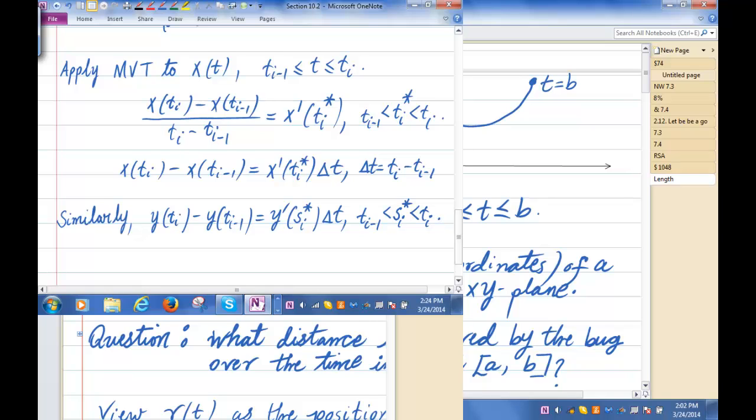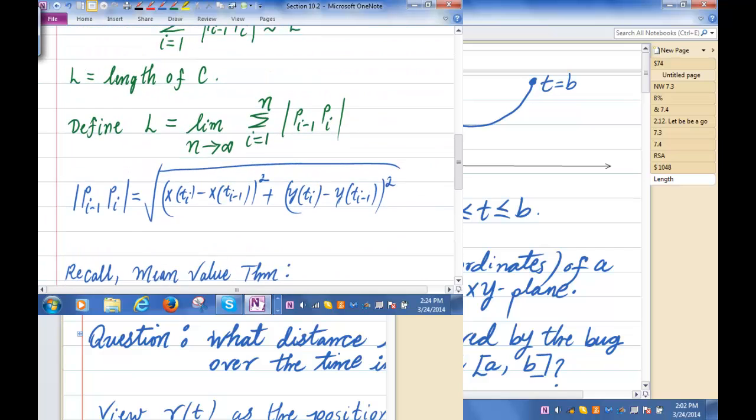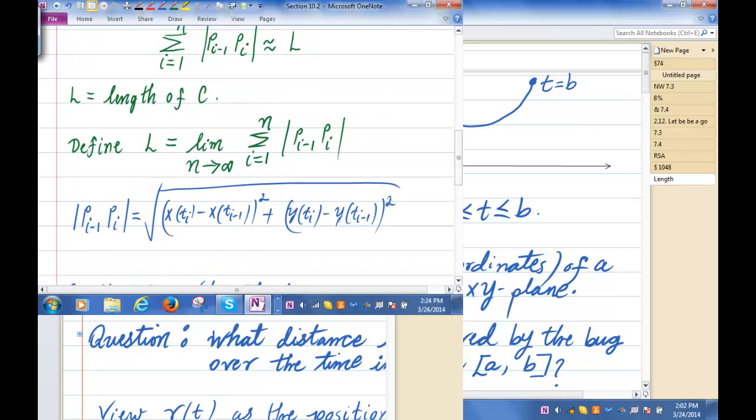So what we are going to do is plug these values now in our distance formula. Remember, the distance between p i minus 1 and p i is given by this root quantity, right? Now inside the root quantity I have x of t i minus x of t i minus 1. Here I have y sub t i, y sub t i minus 1. We can replace those by what we obtained from the mean value theorem.